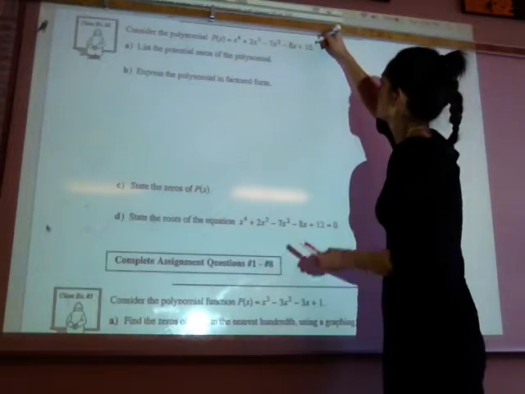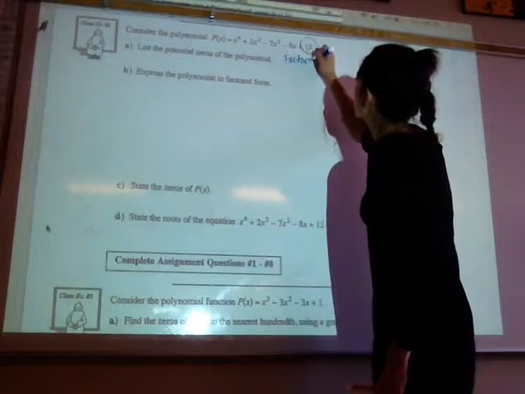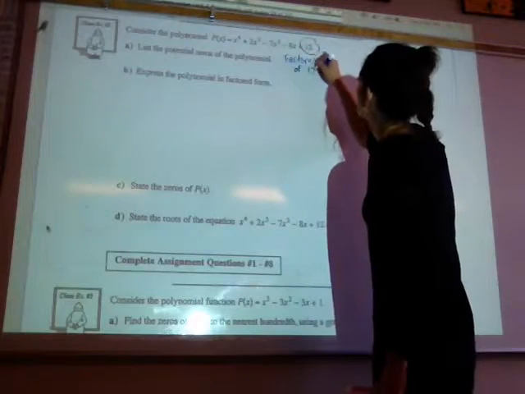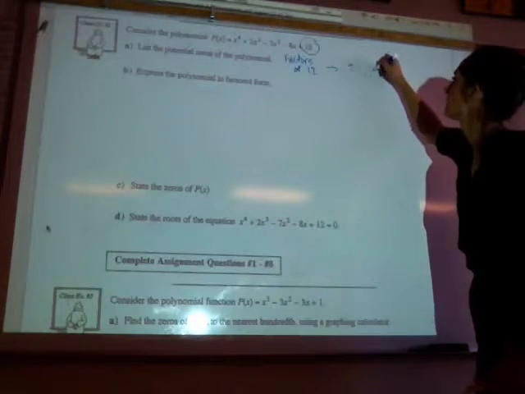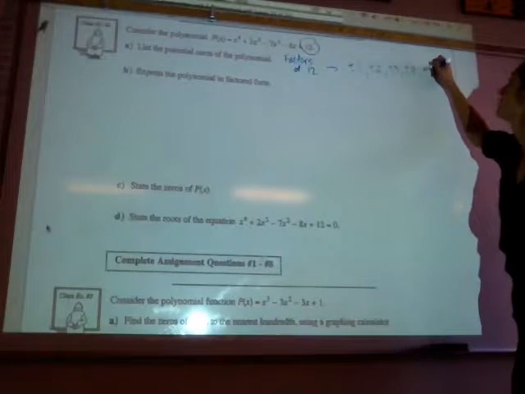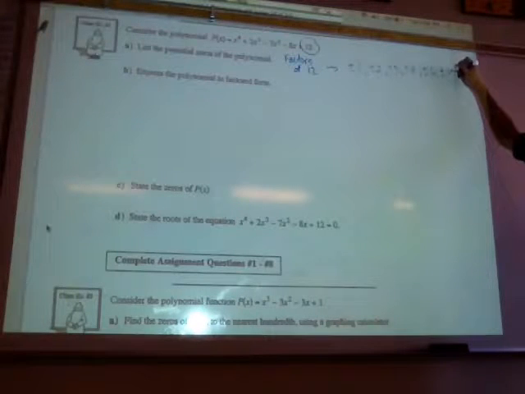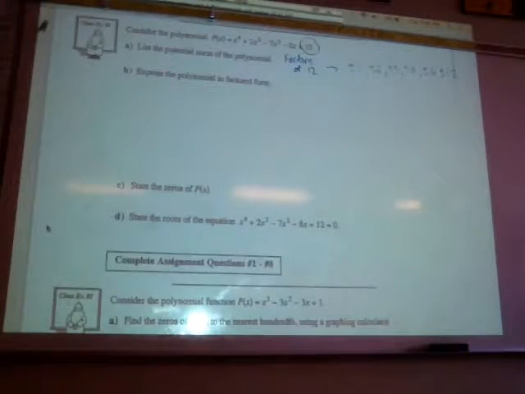We look at our constant, and factors of 12 are plus or minus 1, plus or minus 2, plus or minus 3, plus or minus 4, plus or minus 6, plus or minus 12. So combinations of those numbers we can multiply together to get 12.